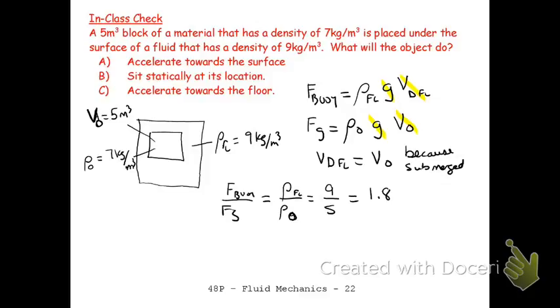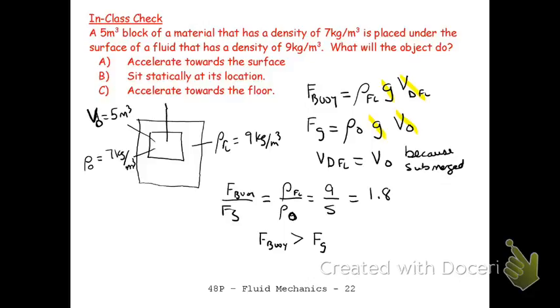So there's my ratio. What that means is that my buoyant force is greater than my weight. Can you see that? If the buoyant force is 1.8 times bigger than the weight, then the buoyant force is bigger than the weight.